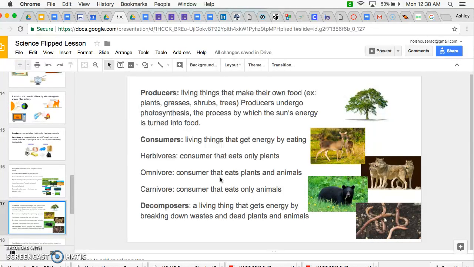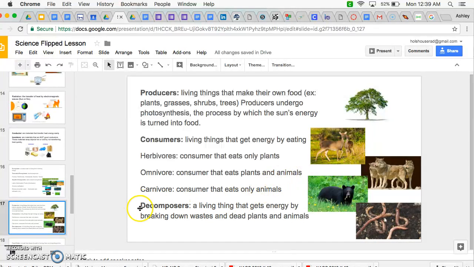They get their energy from the plants they eat. Omnivores are consumers that eat plants and animals. Humans are considered omnivores because most of the population eats plants and meats, so they go under both. Carnivores are consumers that only eat meat. They eat other animals to survive.